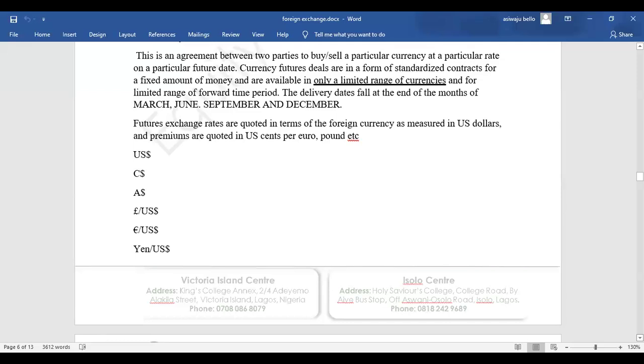The predetermined exchange rate is the exercise rate, within a specified future period or on a particular future date.